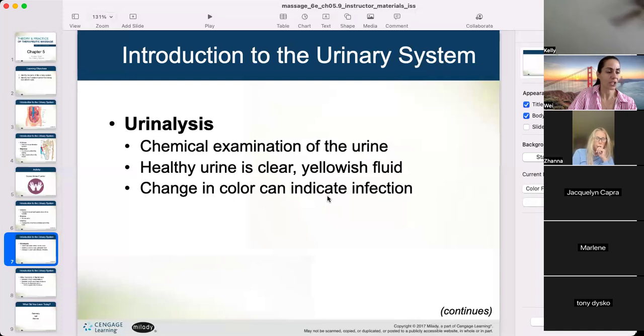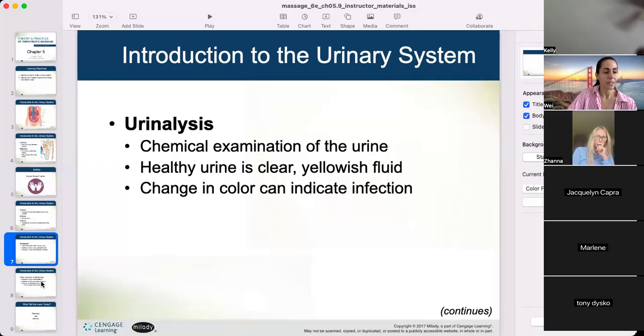If there's an infection, there could be the presence of white blood cells or blood, chemicals, metabolic imbalance, all kinds of things like that, so you know it's unhealthy. You shouldn't have any color besides shades of yellow in the urinary system.